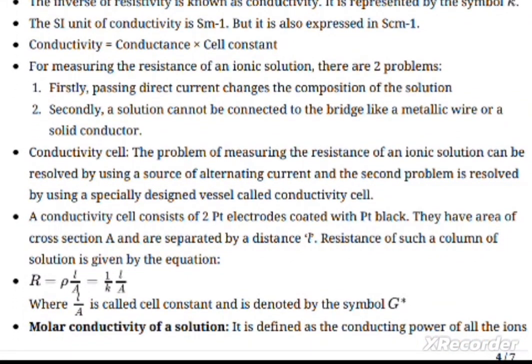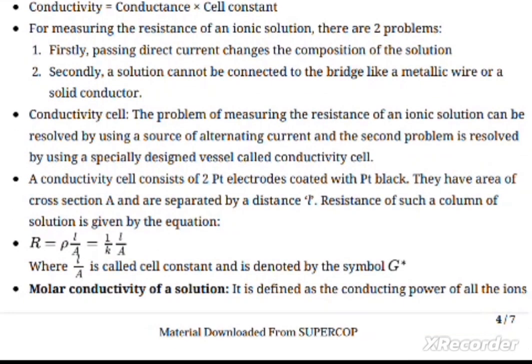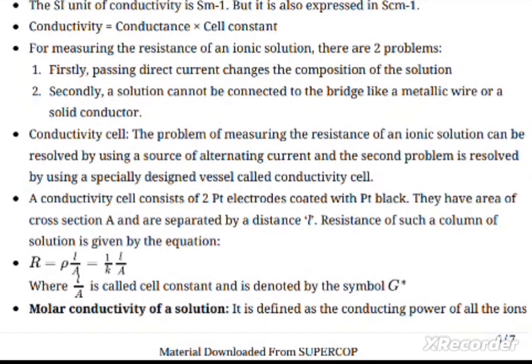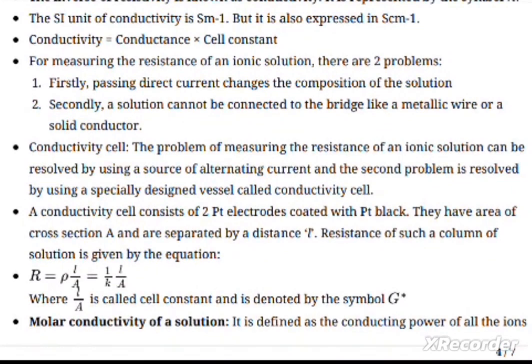Next, for measuring the resistance of an ionic solution, there are two problems. Firstly, passing direct current changes the composition of the solution. Secondly, a solution cannot be connected to the bridge like a metallic wire or a solid conductor.